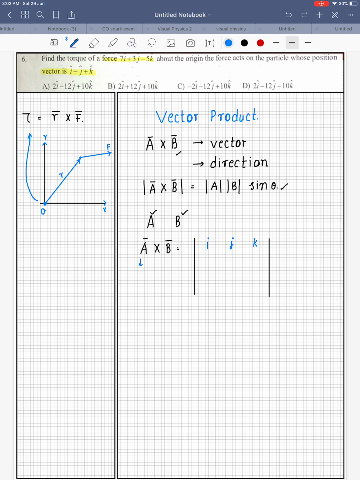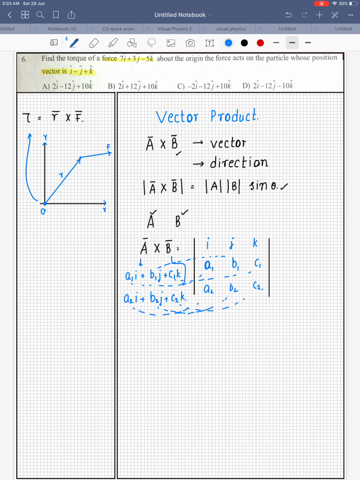Say if A is a1 i + b1 j + c1 k and B is a2 i + b2 j + c2 k, you write the vectors like this: a1, b1, c1. Similarly, write a2, b2, and c2 in the next row.